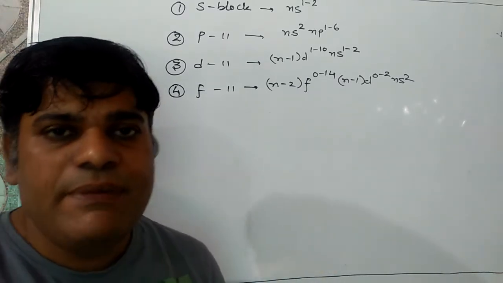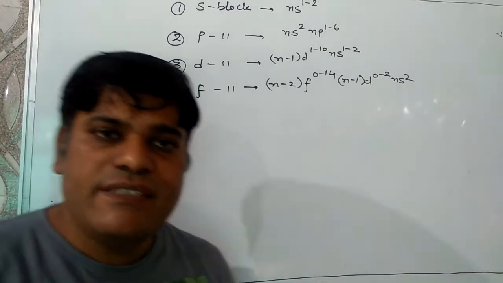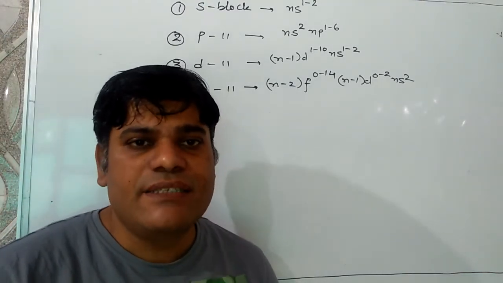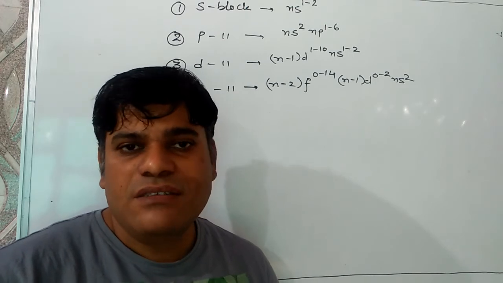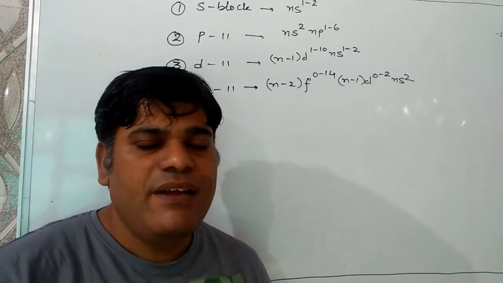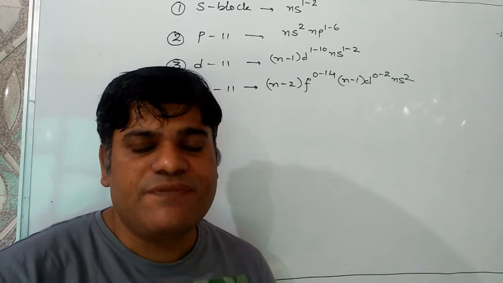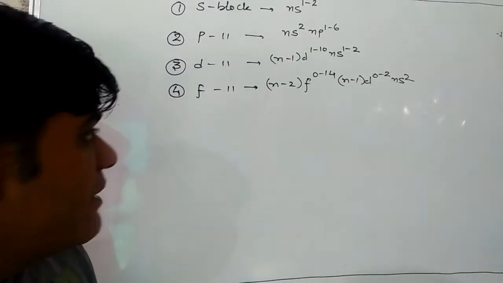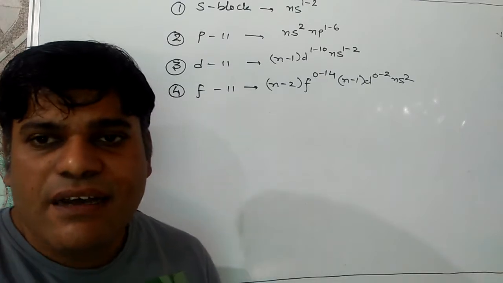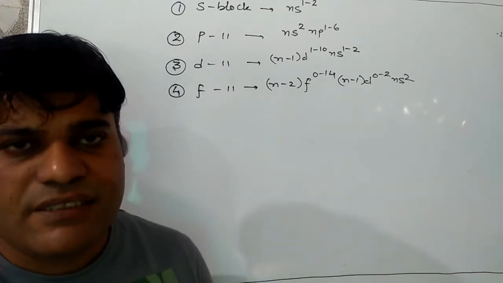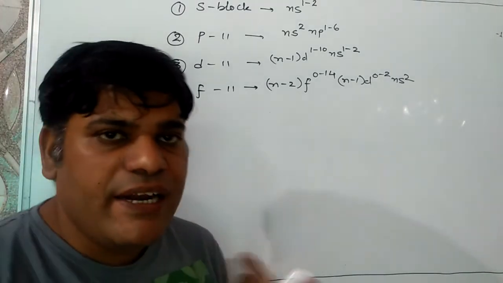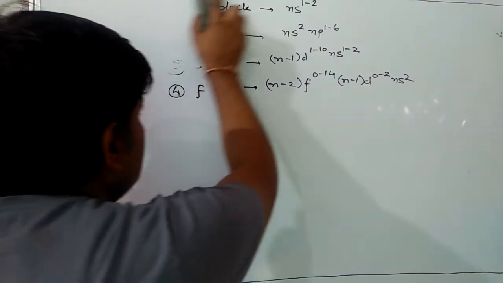Next are the F block elements. They are known as inner transition elements or rare earths. They are known as inner transition because in them the penultimate shell to the D shell is filled. Earlier they were also known as rare earths because most of them are radioactive, so found in very little amount in the Earth's crust.